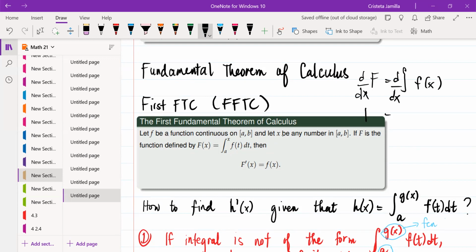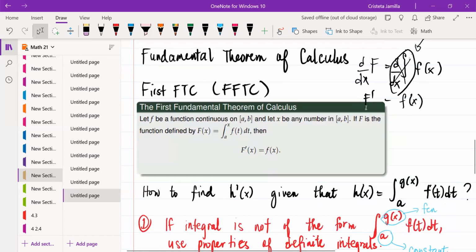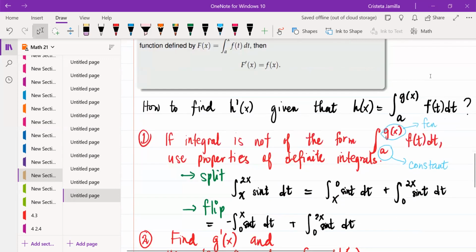So this one becomes F prime and, in a simplified sense, these two operations, the derivative and the integral, cancel out. And so you have f of x. Note that this explanation is not really true, for there are some properties that we need to apply. But basically the idea is just F prime is equal to what is inside the integral.